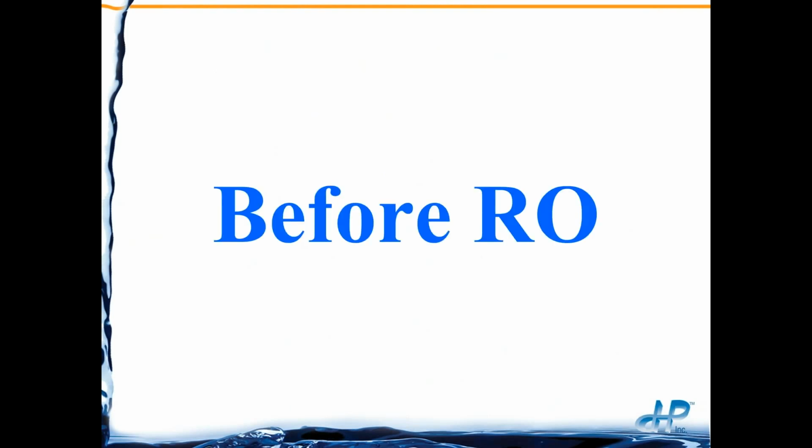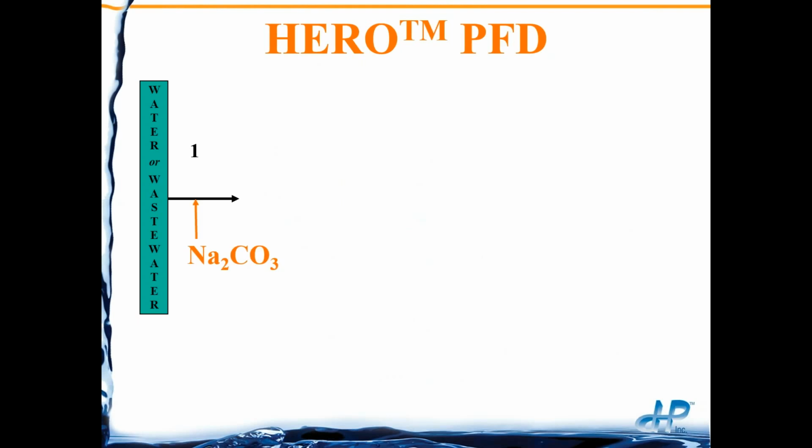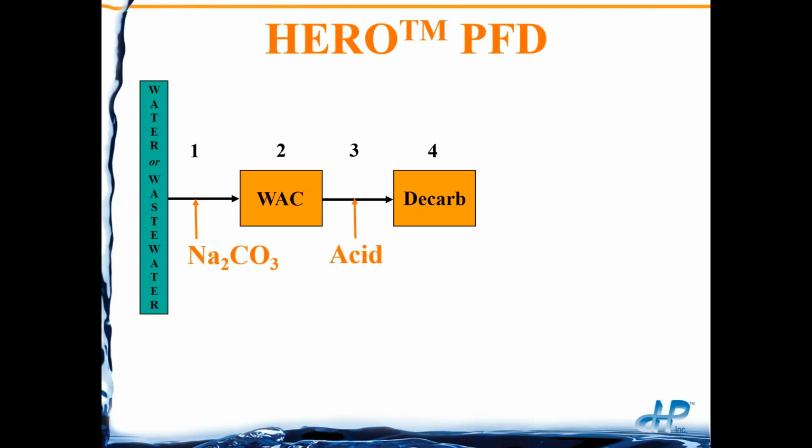All right, so before an RO unit, like I said, is not common. The only one that I'm aware of is called the HERO system. It was actually invented 20 miles from where I live by Intel and a consultant because of high silica. They wanted to go to very high recovery on high silica. So they remove all the hardness and alkalinity.